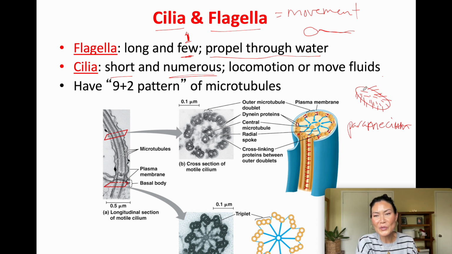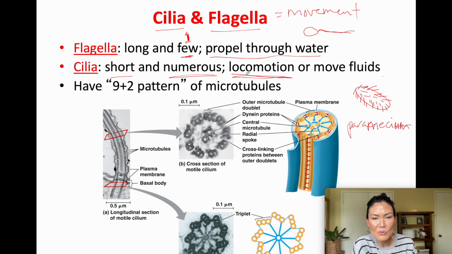There are hundreds of cilia; this little paramecium is basically a hairy little organism covered by cilia. The cilia are moving the organism through the water, so they're used for locomotion.